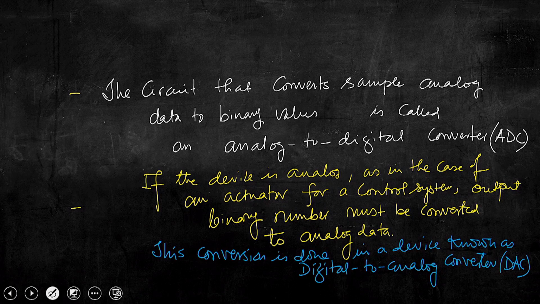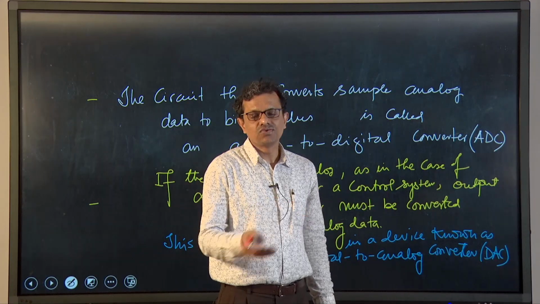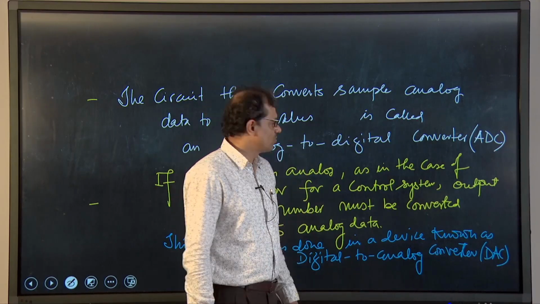So, that is what is important, right. So, we have understood what an analog to digital converter is and what a digital to analog converter is, and there is a need for having these two converters in the ECU. Okay.